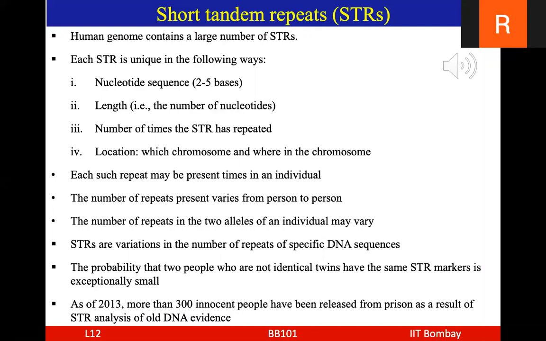The number of repeats in the 2 alleles of an individual can also vary. These STRs are variations in the number of repeats of specific DNA sequences, and the probability that 2 people who are not identical twins have identical STRs is exceptionally small. Identical twins can be similar, but dizygotic twins are not completely identical.